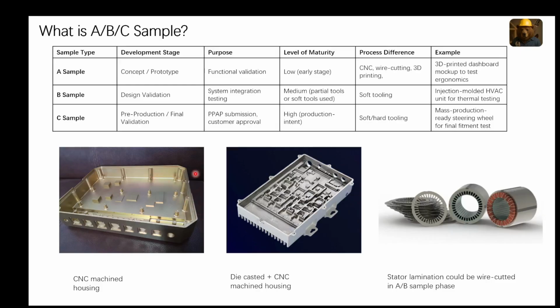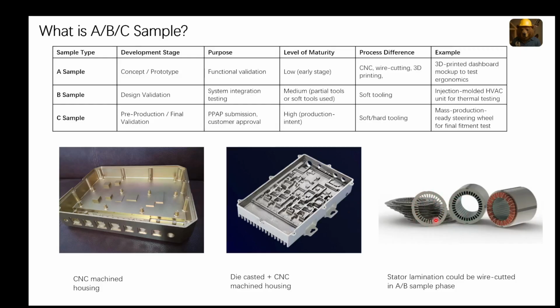So for A sample and B sample, a lot of the components, their maturity has not reached the final. So not only the housing, some other parts also. For example, copper bus bars and the injection molding, they do it in another way, or other parts. And another example would be the stator lamination.